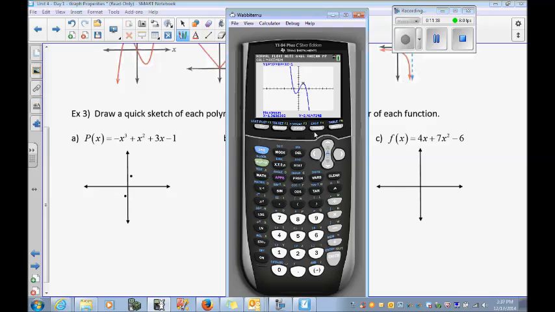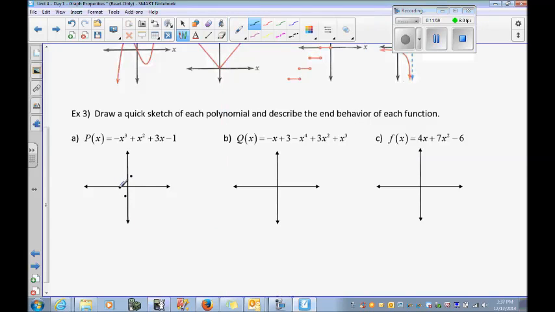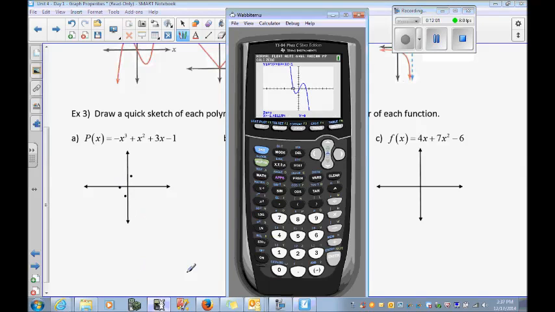So second trace, option 2 for zero, and we scroll over, left bound, right bound, guess, and it's saying negative 1.48. So negative 1.48 approximately there. Let's look for a second zero.